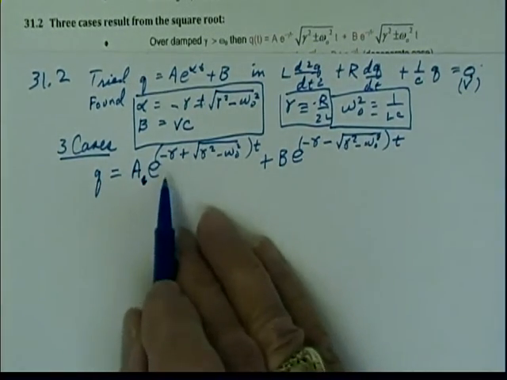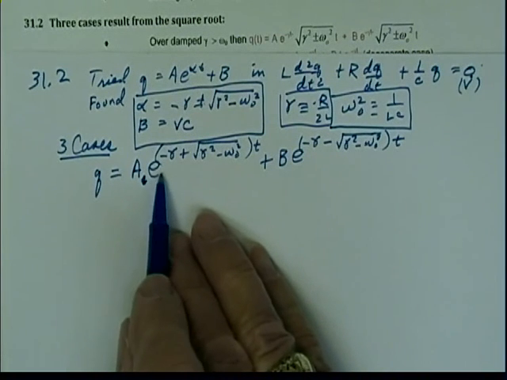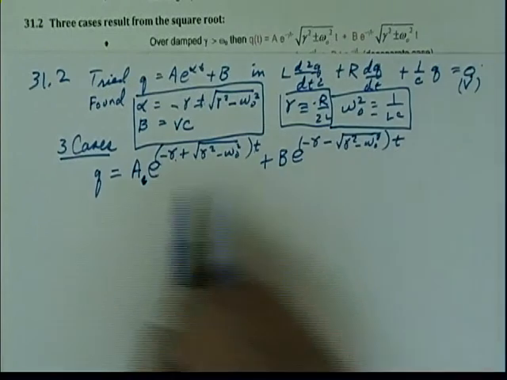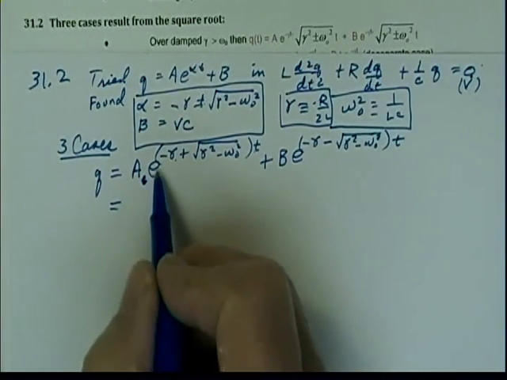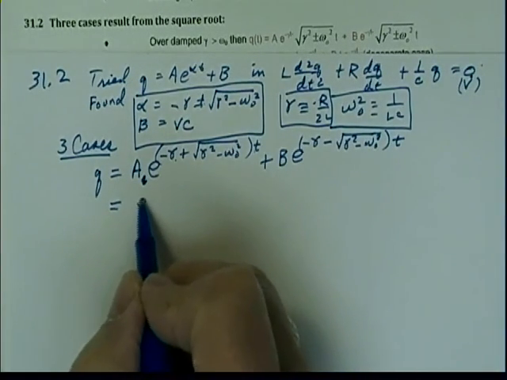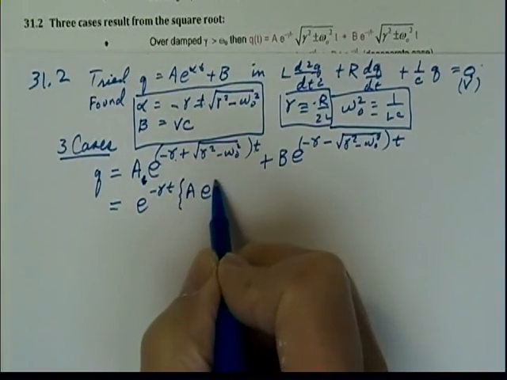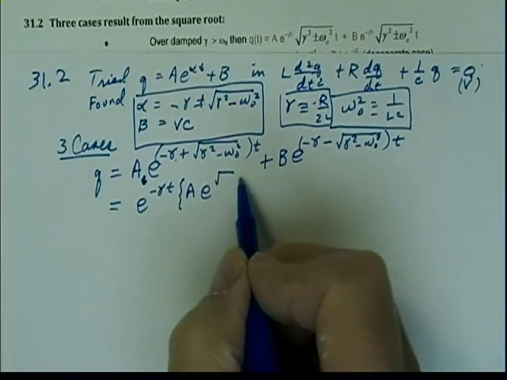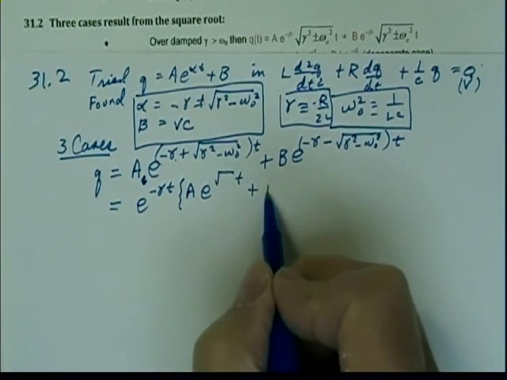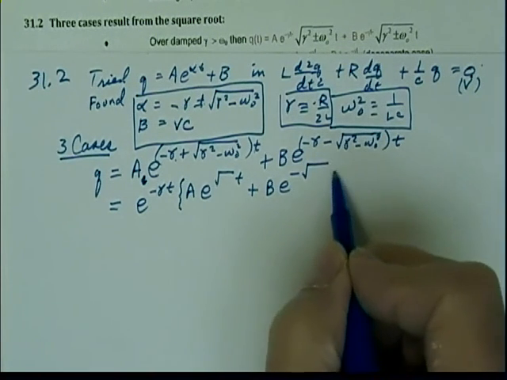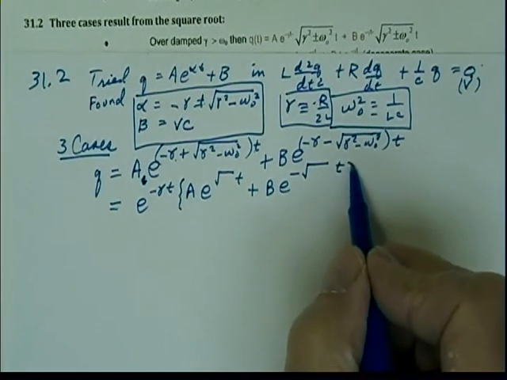Now you'll notice here that there is an e to the minus gamma t in both terms. So we could factor that out and say, okay, what we have here is e to the minus gamma t times two terms, a e to the square root of all of this times t, plus b e to the minus square root times all of this.